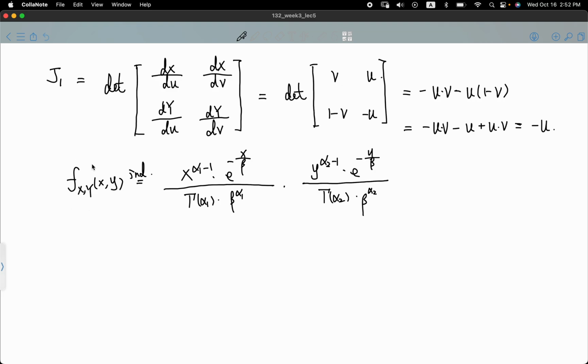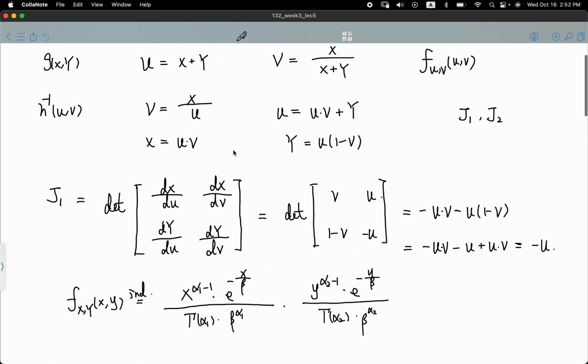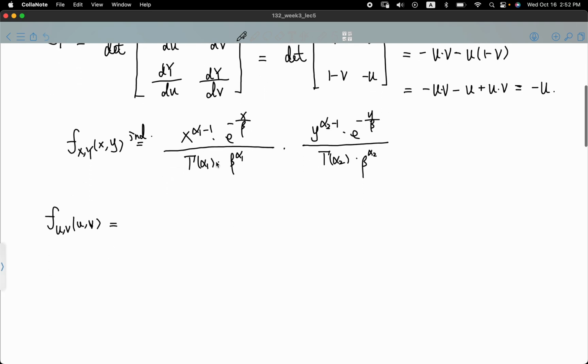But in our objective, our objective is to find the density or the joint density for u and v. So here we are going to make the change for the x and y. So we rewrite x as uv.